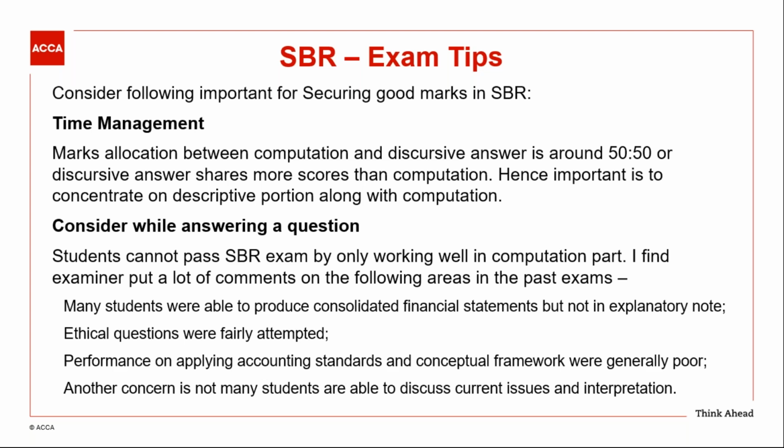For example, take IAS 21. IAS 21 deals with three basic criteria. First is how you can identify a functional currency and a presentation currency. IAS 21 defines what a functional currency is and how you can identify it, and what a presentation currency is. These are the two basic aspects provided by IAS 21.